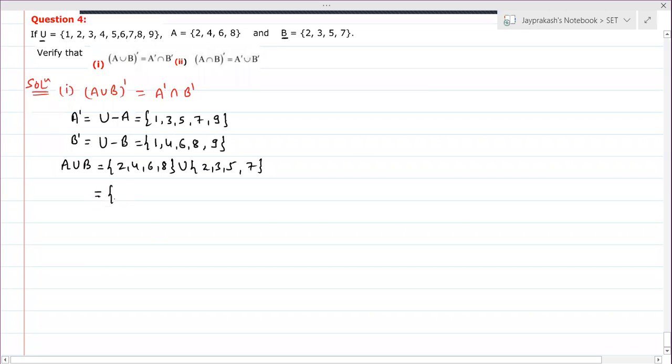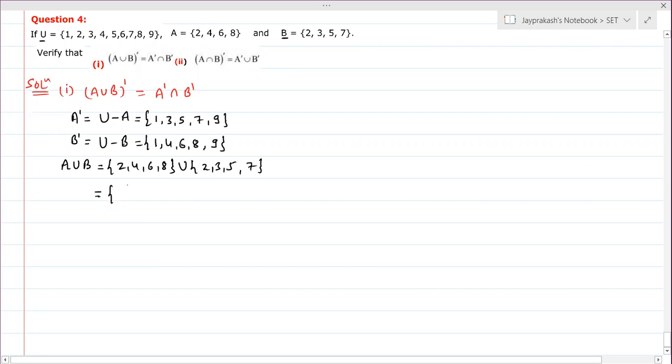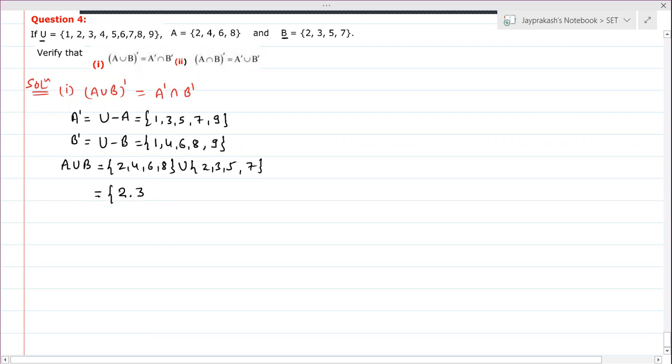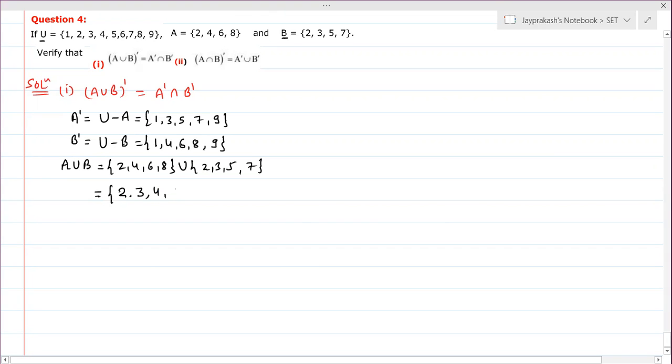You already know that in union we write the common elements one time, and apart from the common elements we write the remaining elements from both sets. So 2 is common, so we will write it one time. 3 is from the second set, 4 is from the first set, 5 from the second, 6 from the first set, 7 from the second, and 8 from the first set.